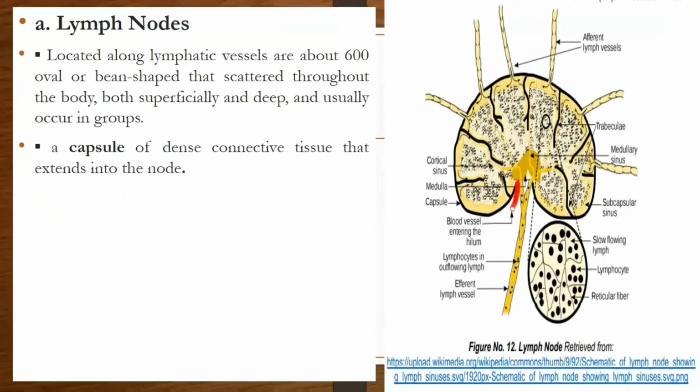Closest to the capsule is the outer cortex of the lymph node, or the B cell zone, which is made up of spherical structures called follicles that are full of B cells, as one might guess.